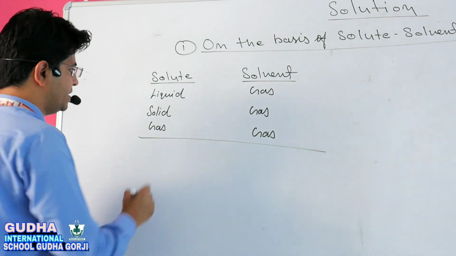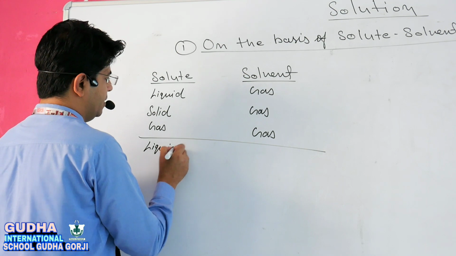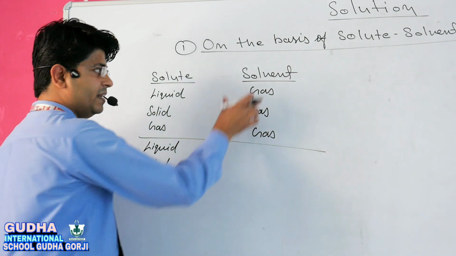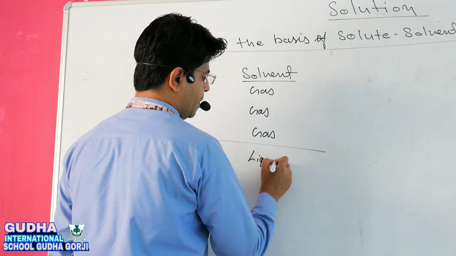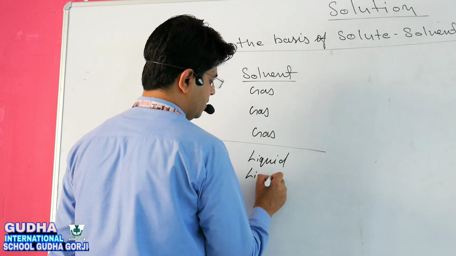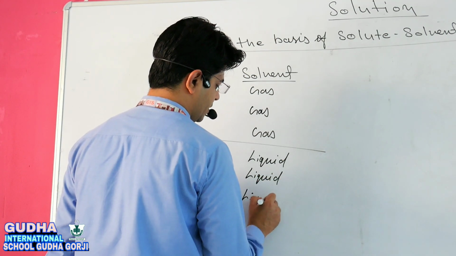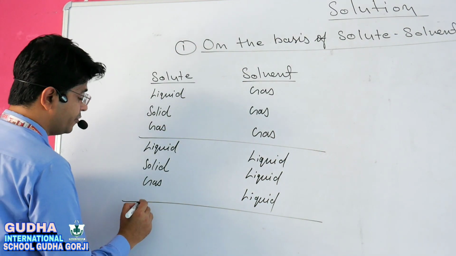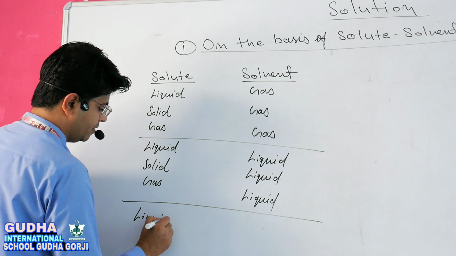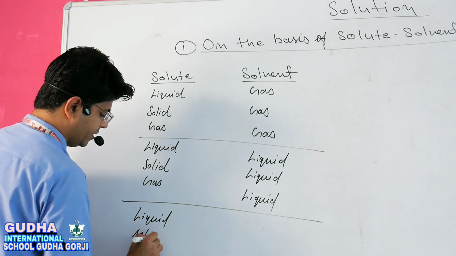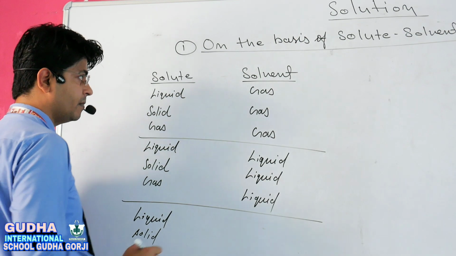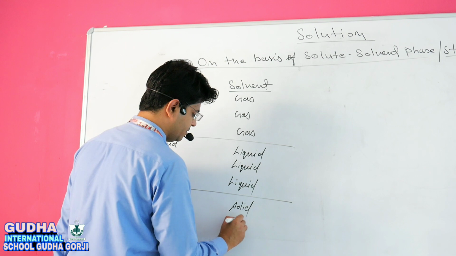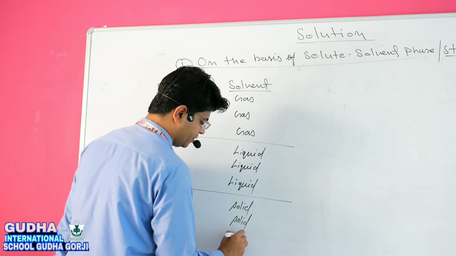Similarly, if solute is liquid, solid, gas, while the solvent is liquid, liquid, liquid. And the third, if solute is liquid, solid, gas, but the solvent is solid, solid, and solid.